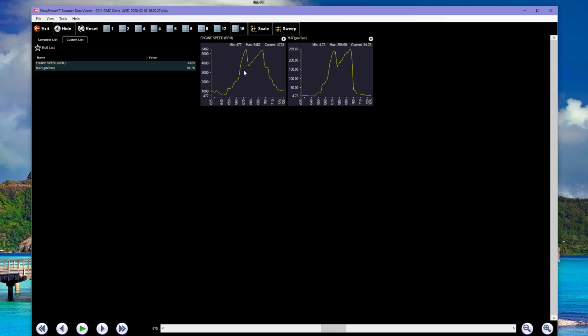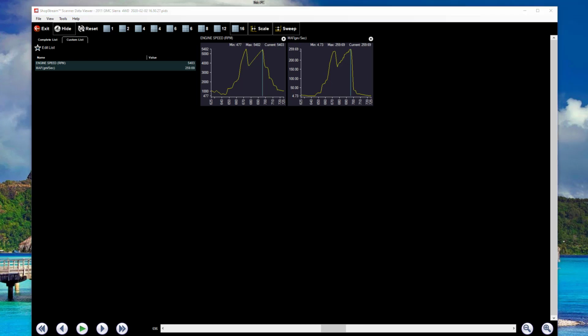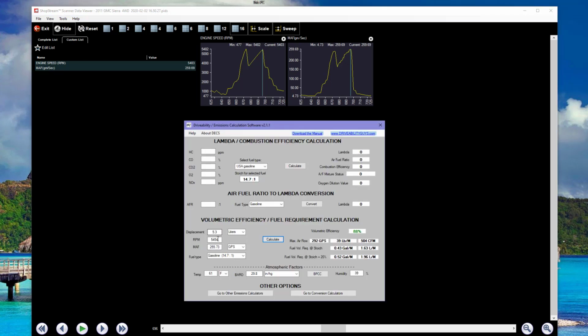Actually, that was the wrong place. This would be the right place. If I think about this now, so current RPM was 5403 and mass air current is 259.69, which was also the highest reported.